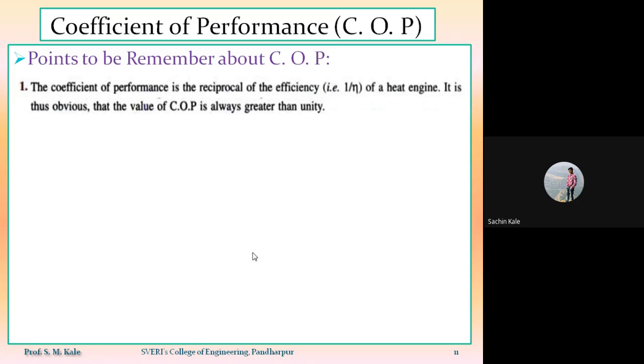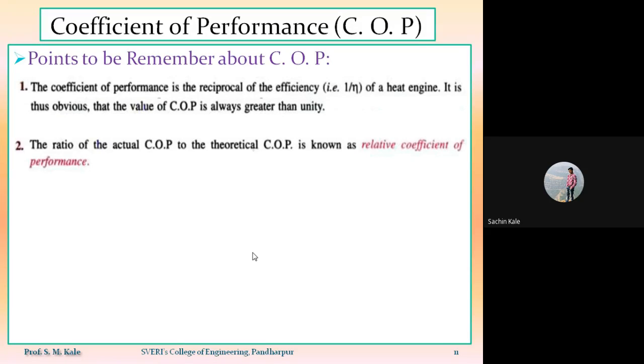Are you getting? Why will it always be greater than 100%? Because it is the reciprocal of efficiency, and as efficiency is never 100%, 1 upon less than 100% will always become greater than 100%. So that is the first point which we have to always keep in mind.